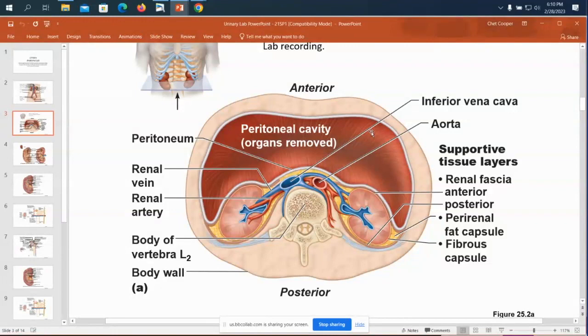Okay? What I really want to focus on first is remind you this membrane that lines the whole abdominal cavity. We've seen it before. It is called the peritoneum. So I'm going to do a little highlighting on this one.